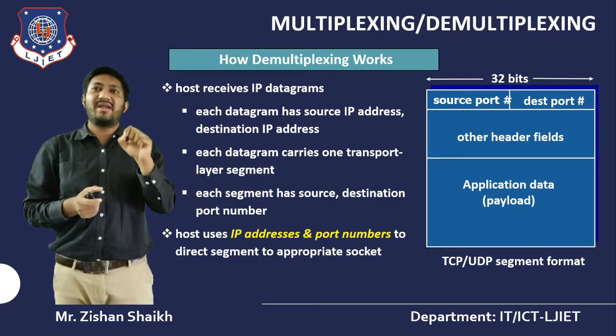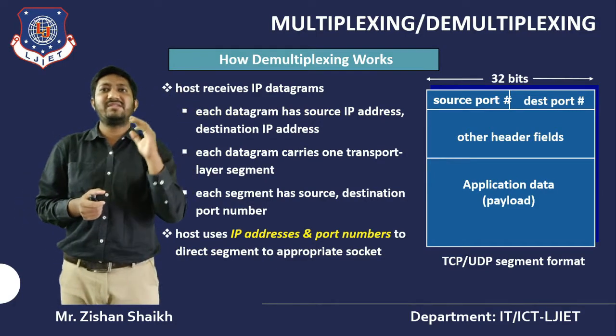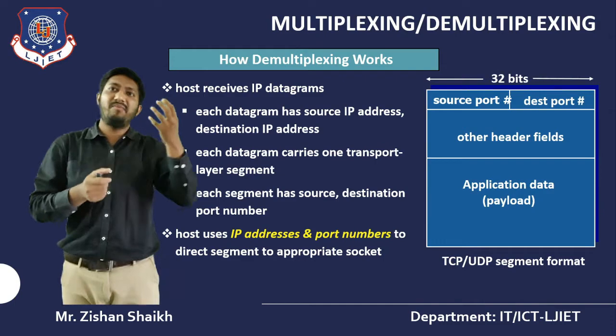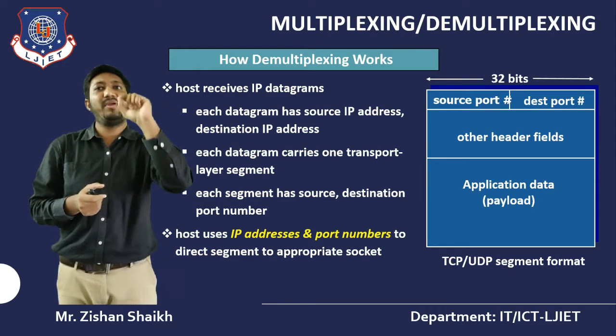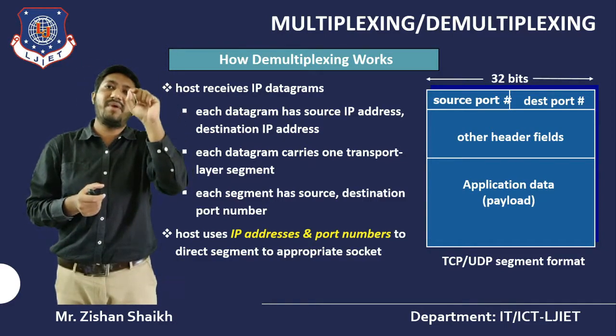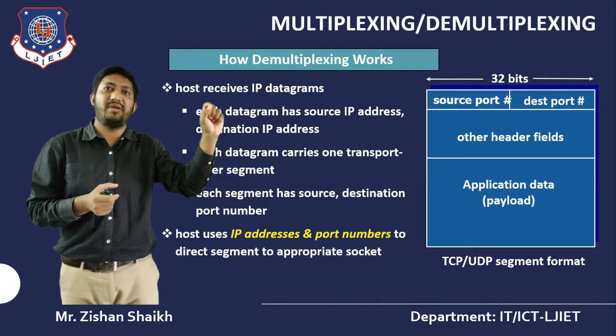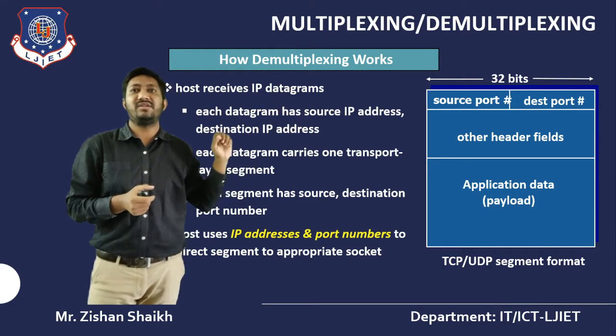Suppose you are targeting application X. After reaching the destination, you have to say that I am coming from that machine, that is the IP address, but I want to communicate with this process only. That process is identified by our socket and port number. So this is all about the source port number and destination port number.